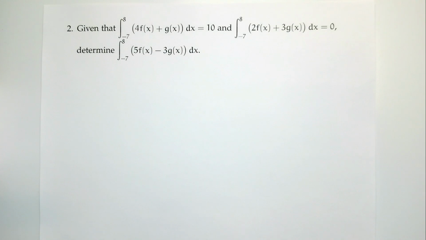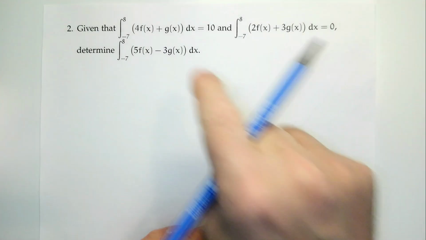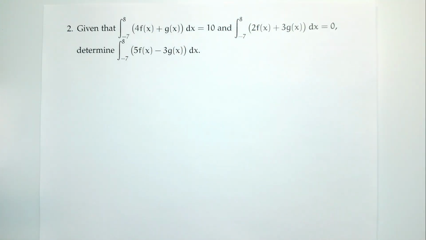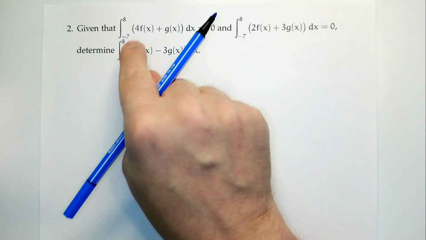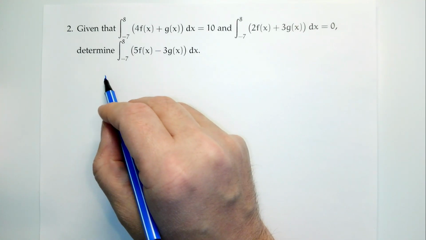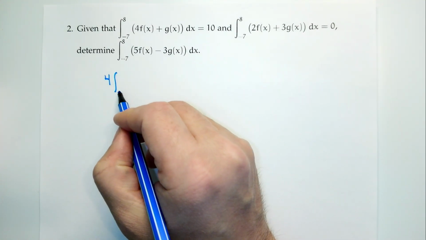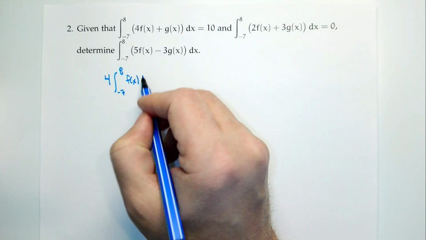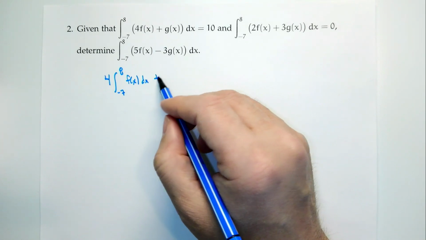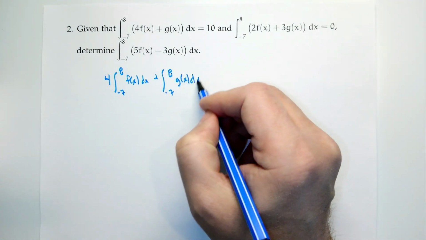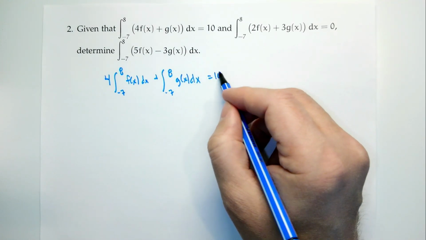So, all right, we do understand a little bit about how integrals work. You see the plus? It's about addition. And integrals work like addition. So you can break up integrals over addition, and also the constants you can pull out. So what we can say is that the first statement, if I pull out the constants and break it up into pieces, I have 4 times the integral from negative 7 to 8 of f of x dx, plus the integral from negative 7 to 8 of g of x dx, and that would give me 10.